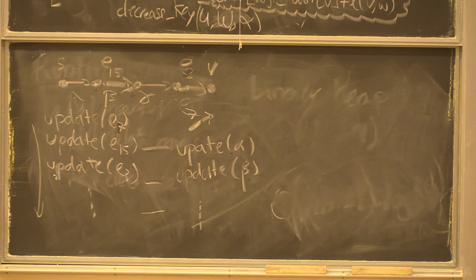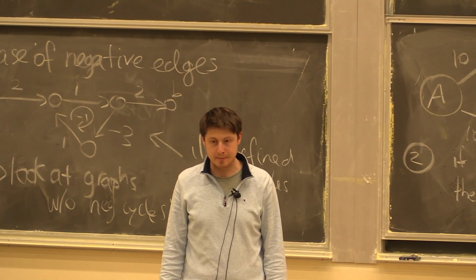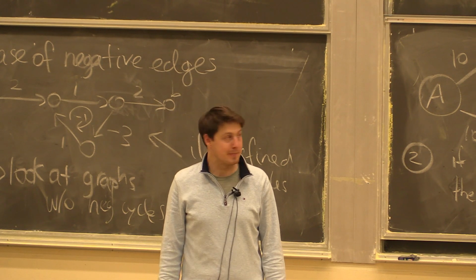It could be the shortest path goes very far and then comes back. Sure. But consider any shortest path. The first edge is between S and someone, right? And that's going to be the first level of guys that you're looking at in our BFS. So those updates will be run before any update from any other vertex will be run.